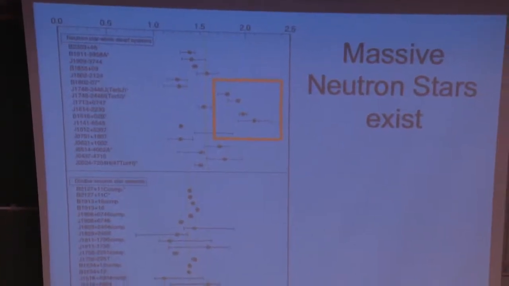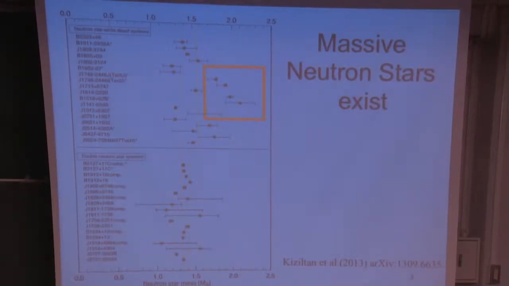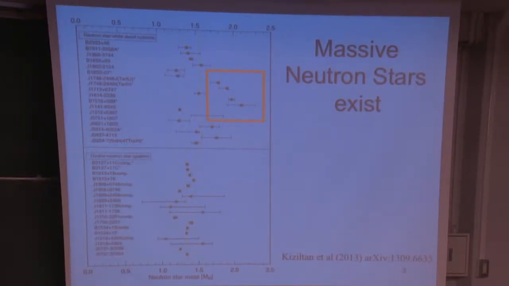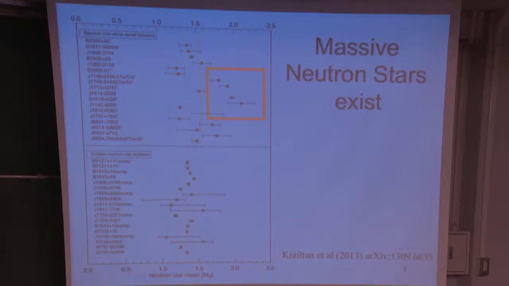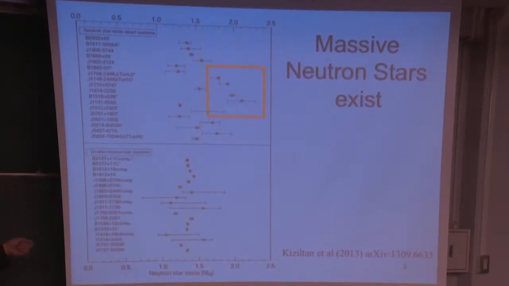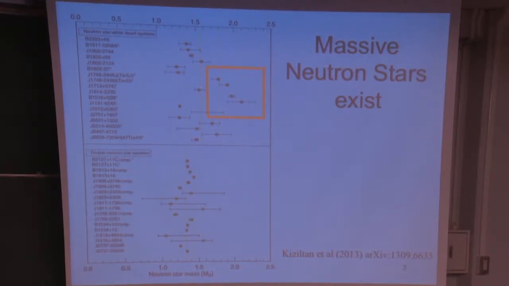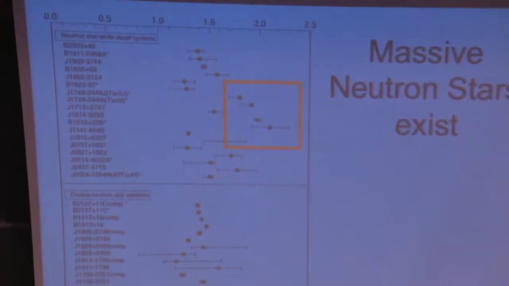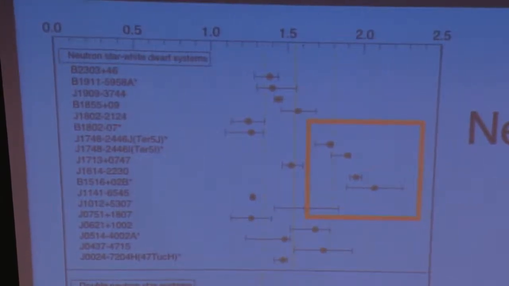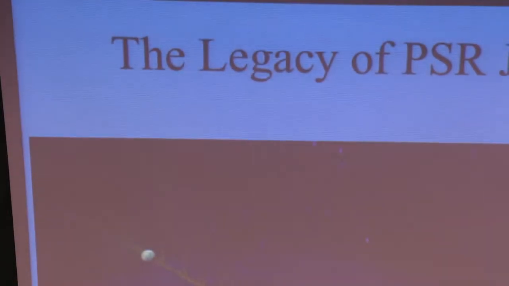That turned out to have a big impact on our understanding of the equation of state, because of the two equations of state I showed you, one of them, and to some extent the other, would not have allowed a star that massive. We had to use a different version of the equation of state to get it right.